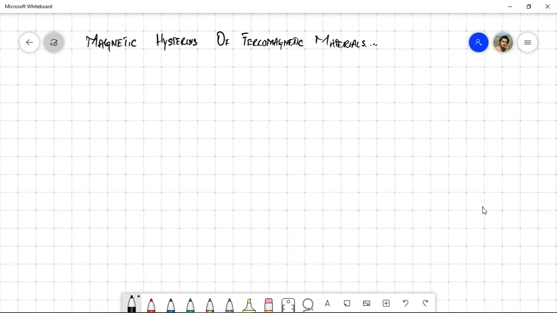So he's saying that because of this property of remaining partially magnetized even after the external magnetic field is removed, these materials are very useful to us if we want to manufacture permanent magnets.